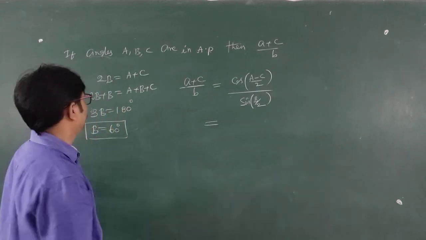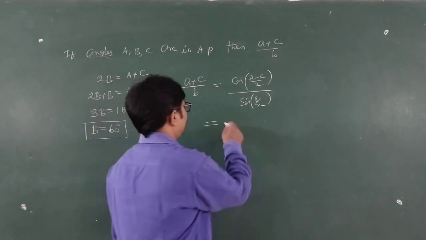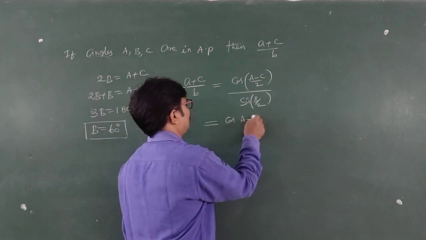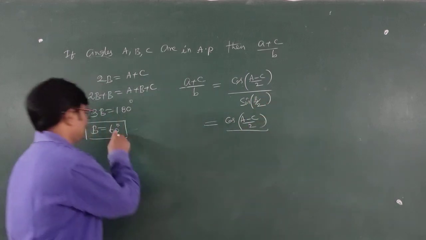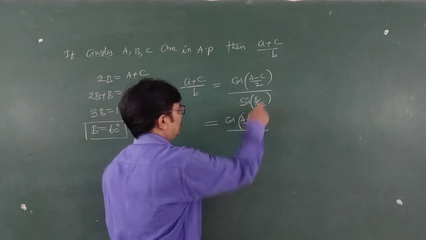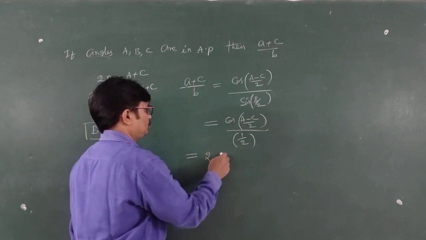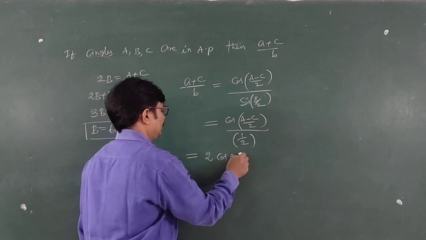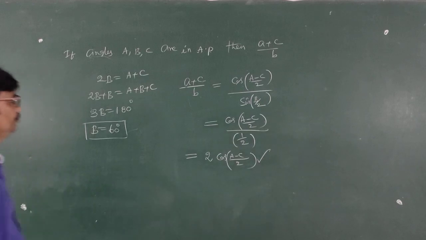So students, when A, B, C are in AP, we can take directly the cos of A minus C by 2. The sin of 60 by 2 is the sin 30, that is 1 by 2. So students, 2 into cos of A minus C by 2. Okay, write down.